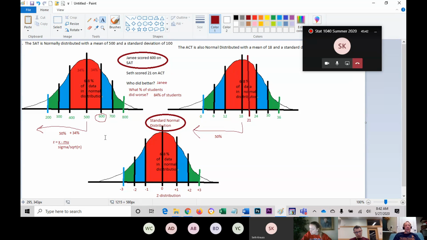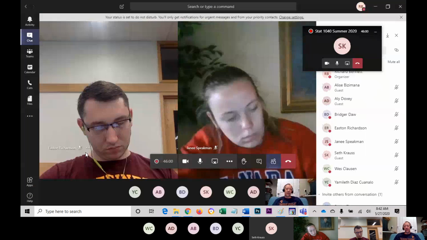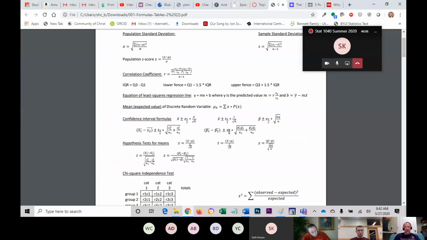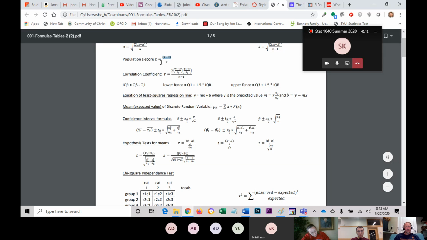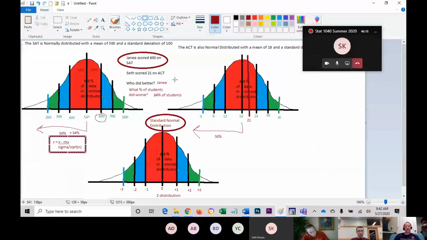And so the idea here is we can convert any normal distribution to a standard normal distribution by using this equation right here. I know it's actually on your formula sheet on the first page. Right here. There it is. But you'll probably use this equation so much for the rest of the semester that you'll start to memorize it.